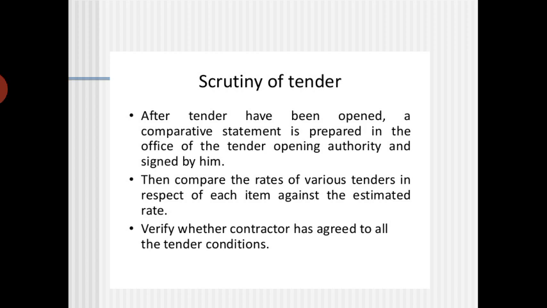So make the comparative statement before proceeding. Then whether to accept, whether to reject, or whether to hold it, the decision is left to the officer. So first a comparative statement should be made, and always it is given to the lowest tenderer who has quoted.